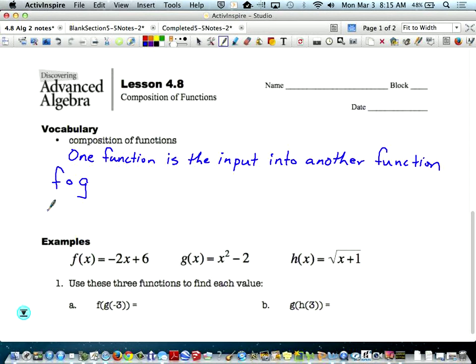That is the notation. It's an open circle, like an open dot, in between the two letters naming the functions. So it's read F composition G, but what you'll want to write down is that.